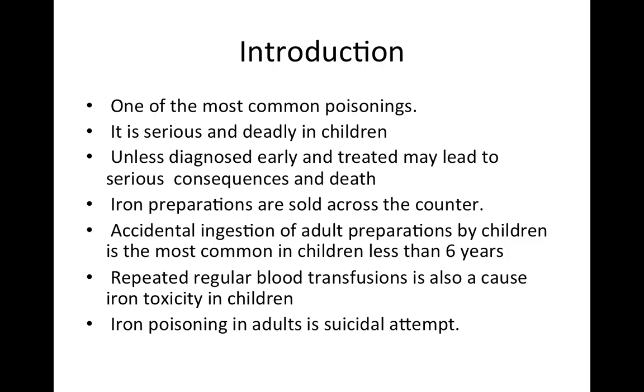There is no exit of iron from the body, so it remains in the body causing cellular damage, especially in the liver and heart, and also the pancreas and some of the endocrine glands like the pituitary gland. So the toxic effects of iron are described under the topic hemosiderosis. Iron poisoning in adults is a suicidal attempt. Here in this lesson we are talking about the acute overload of iron in the body leading on to toxic effects.